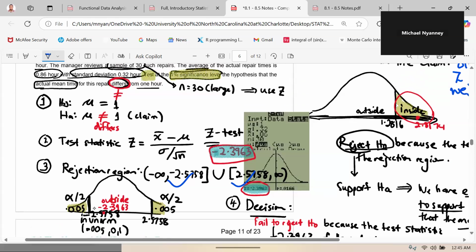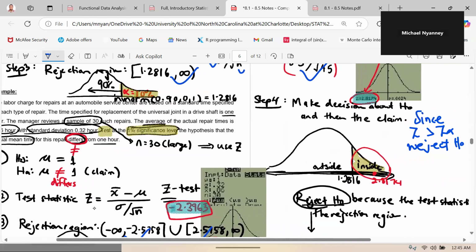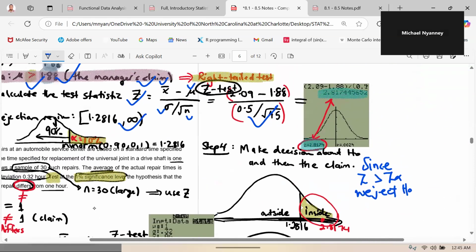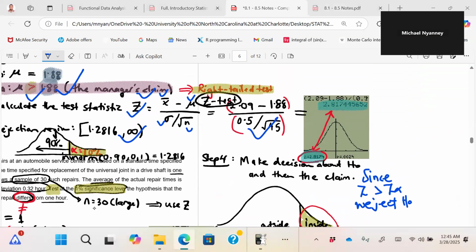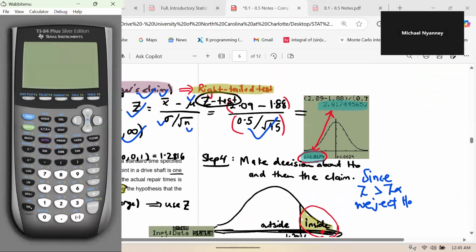Now, let's see how we can use our calculator to do the Z test without going through writing the formula. So you hit your calculator, click on the stats, move your arrow to the test. You're going to see one Z test. Now you input your values. So mu naught will be the hypothesis, the mu value that you see there.